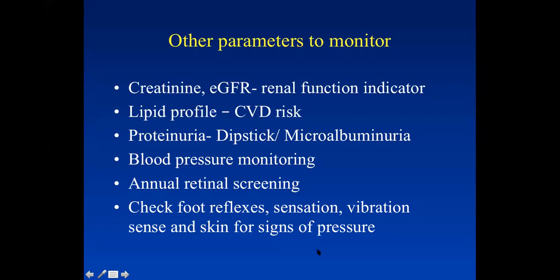And they are at risk of developing neuropathy, so you should do a foot check: reflexes, sensation, vibration sense, and skin for signs of pressure and ulcers. You have to look for all the complications developing before they properly develop in these patients, and prevent them or stop them at an early stage.